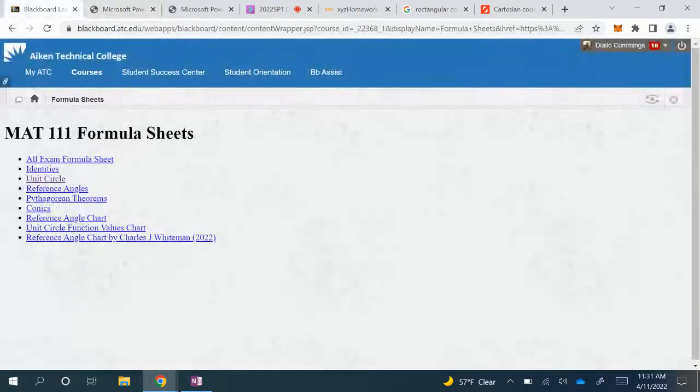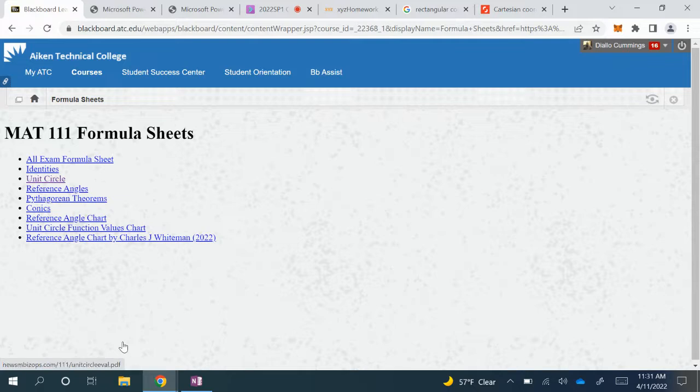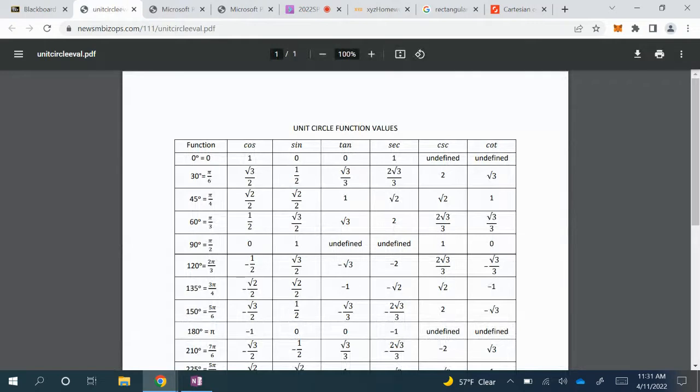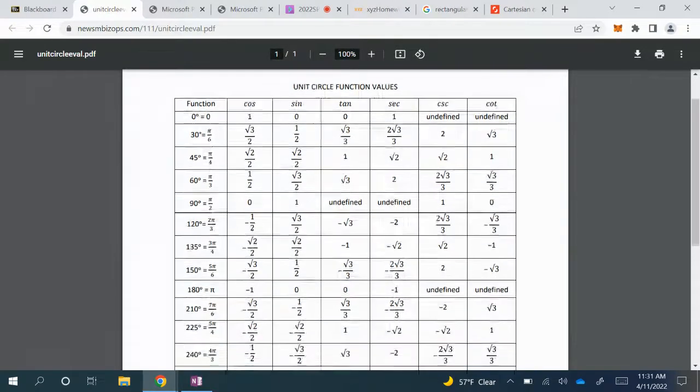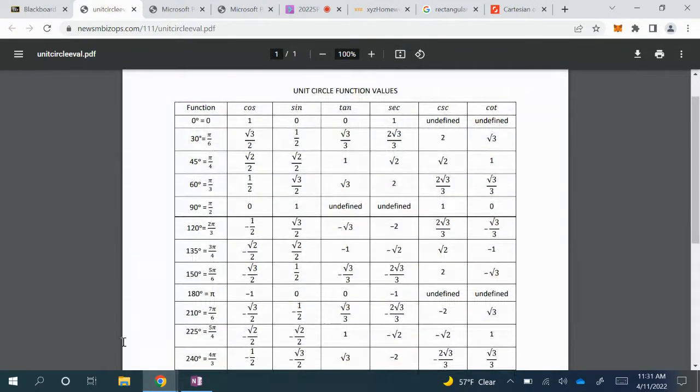I could also go back to the formula section for a minute, and I could use this unit circle function value chart. I could find 5 pi over 6, which is here.